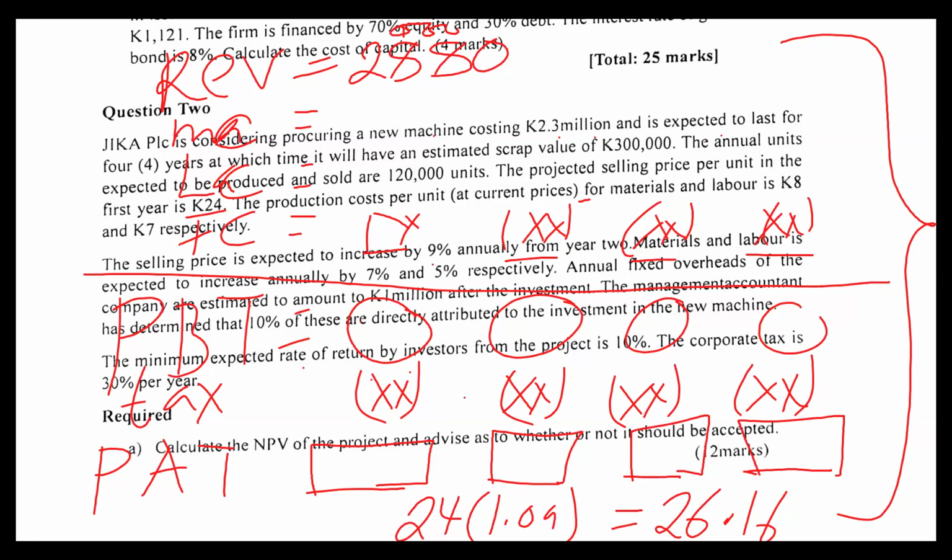Then from there, let's go back to the other way of doing it. What did you find first? Give us the answer. What's the answer? 3,139,200.